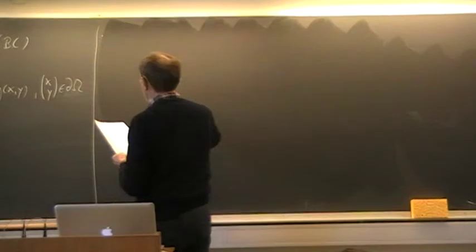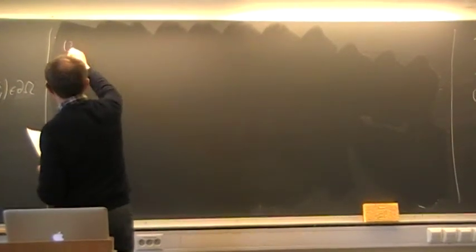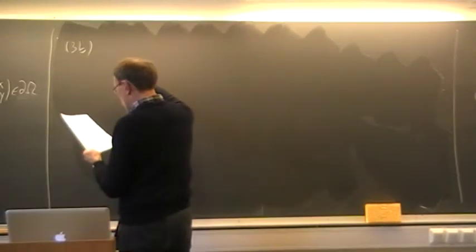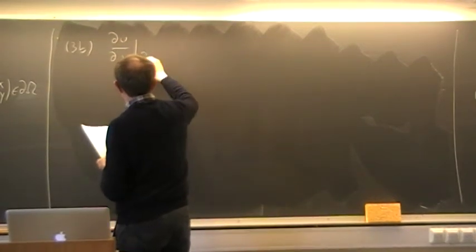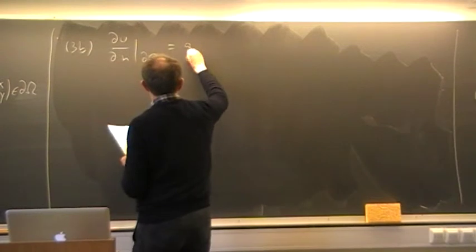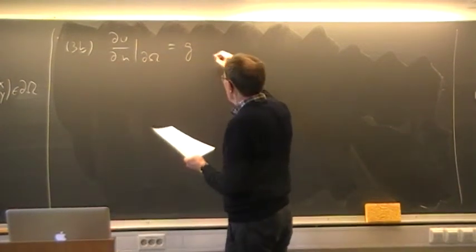So that is then the other possibility. That is when we have du/dn on the boundary of omega equal to some given function g.